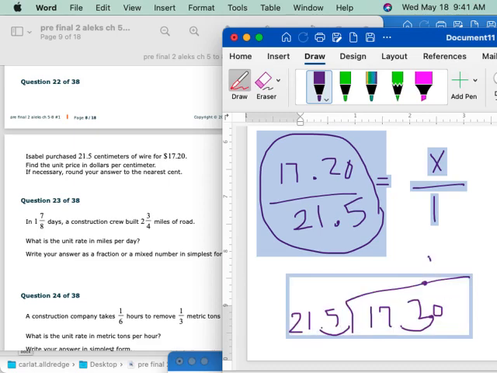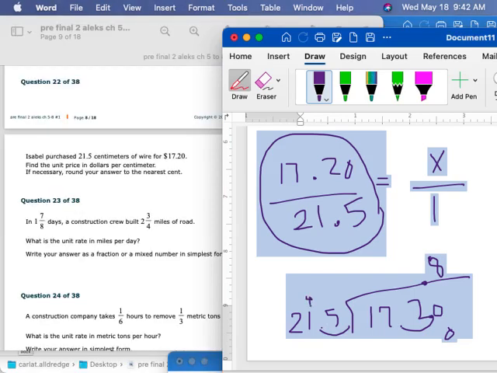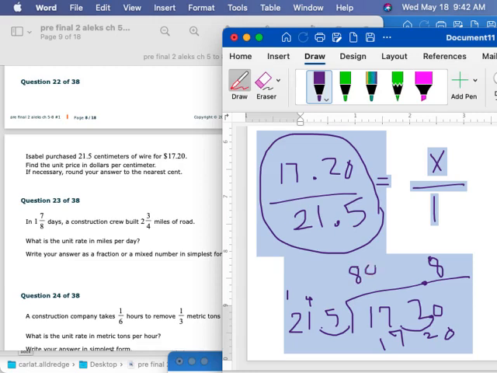So you said it was, what did you say, 70 or 80? 80. So 8 times 5 is 40. Carry. And that'll be a 12. Carry. 17. Exactly. Excellent. So 0.8 is 80 cents. So 80 cents per centimeter would be the answer, and you should show your work on every problem.